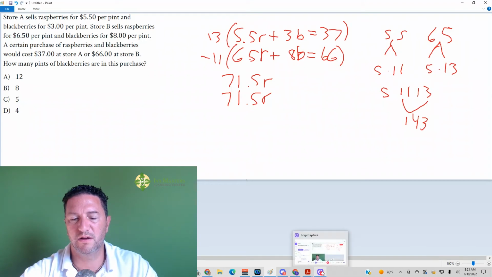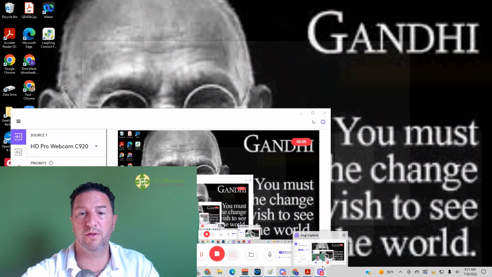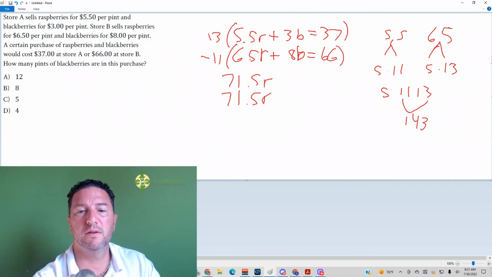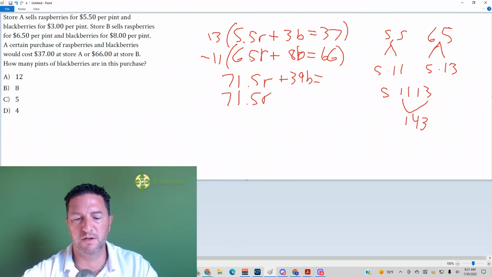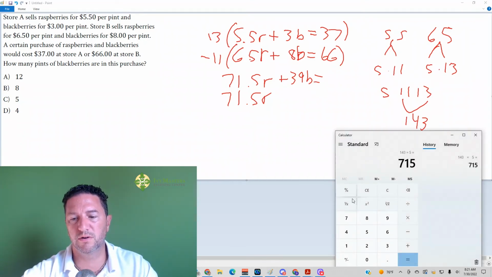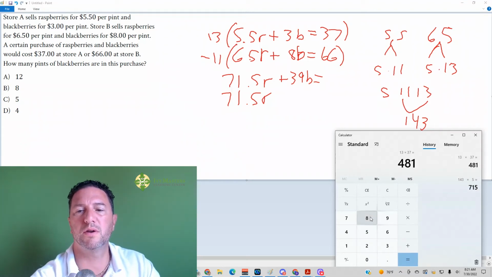And now let's see where we're going next with this. We got to multiply the 13 by the 3, and we get plus 39B equals, and then we can do 13 times 37 using our calculator. And that gives us 481.